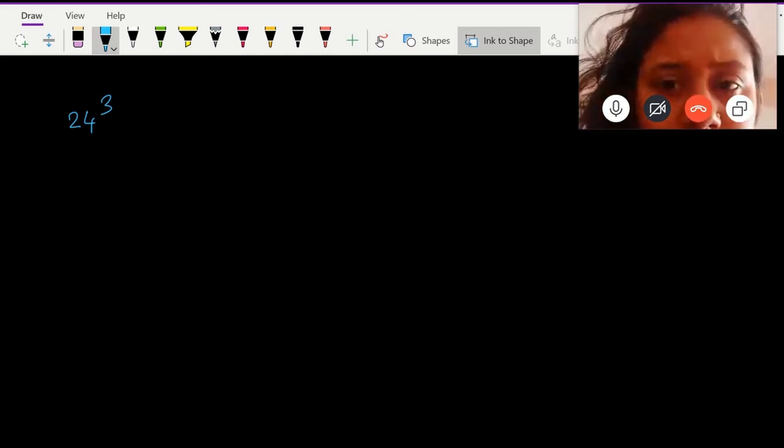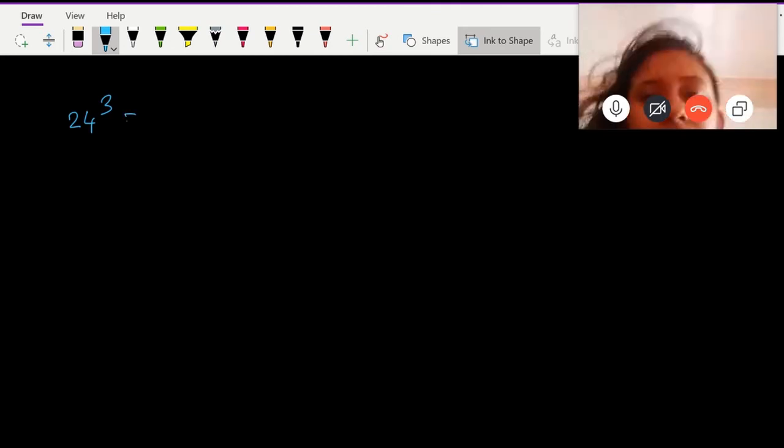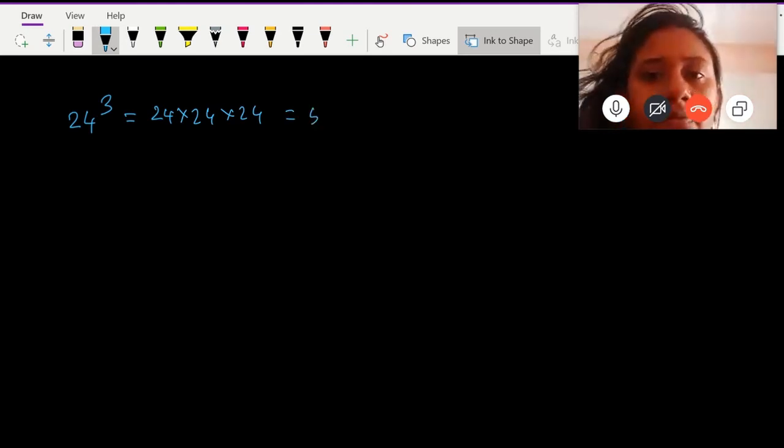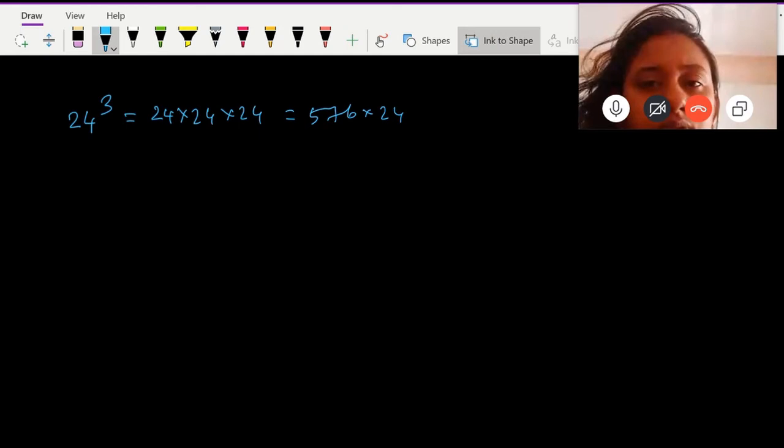What is the value of 24 cube? So we normally do it like this: 24 into 24 into 24, which is 576 into 24, and then we calculate using the method that I showed you. But instead of doing that, there is a very simple way to do this. What we do is we look at the first number.